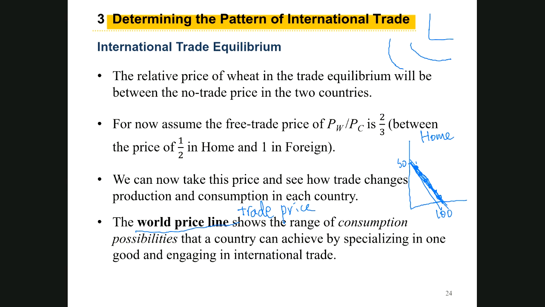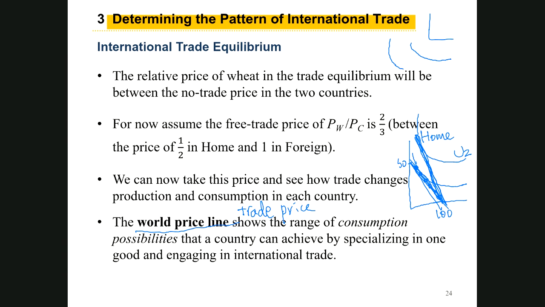But now, since I have the trade with the other country, the price vector increases, so my consumption possibility increases. So you see, originally this is my utility, and this is my utility after the trade.